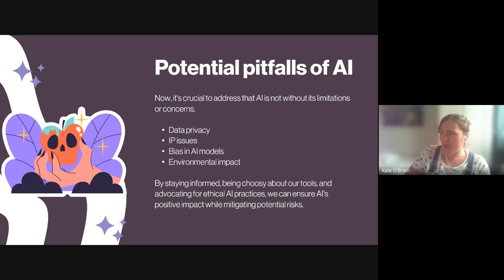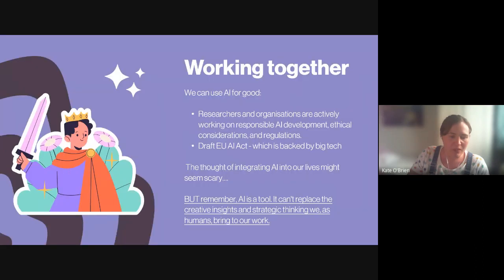And with that in mind, talking about the things to mitigate the risks and the pitfalls of AI, there's so many ways AI can be used for good. As I mentioned, researchers and organizations are actively working on responsible AI development.